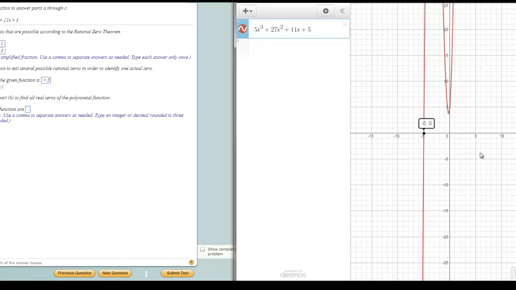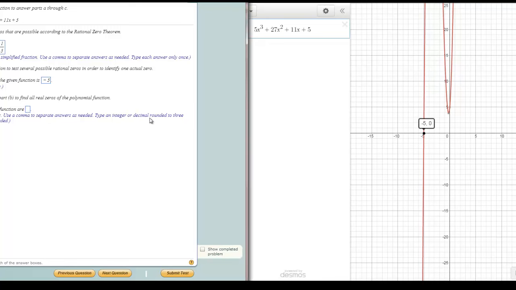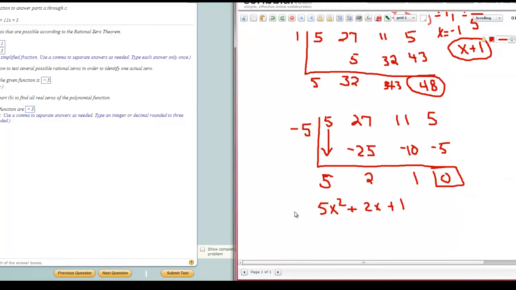So from over here it says use the 0 from part B to find all the zeros of the polynomial. Well, the thing is we only have one, just a -5. Now, if this ends up to be factorable, or if you graph it and it crosses the axis, that means you have more than 1 zero. So you have to go back and find the other zeros, or the real zeros.